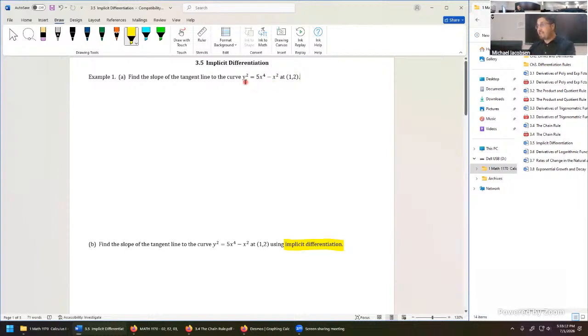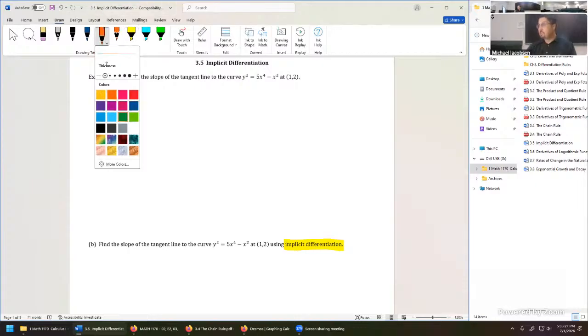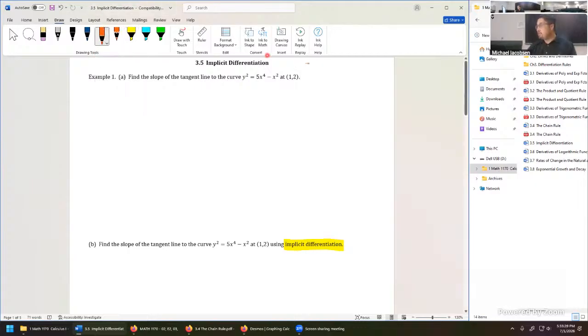And the immediate red flag here is, notice how weird that looks. It's y squared equals 5x^4 minus x squared. y is not explicit as a function of x until y is completely solved. So when we see this, because of the y squared on the far left, there are two implicit functions of x.